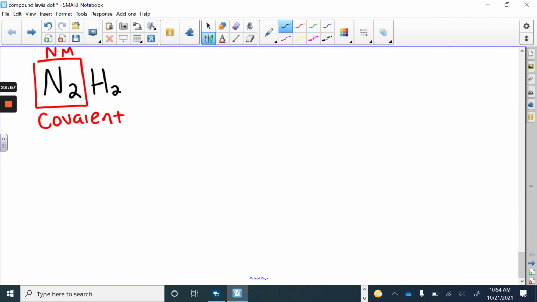We draw the Lewis dot structure for each individual element. We have nitrogen. Nitrogen has 5 valence electrons, so 1, 2, 3, 4, and 5. Hydrogen has 1. Also, don't forget to determine how many bonds will form. Hydrogen only has 1 valence electron that is by itself, which means it will form only 1 bond.